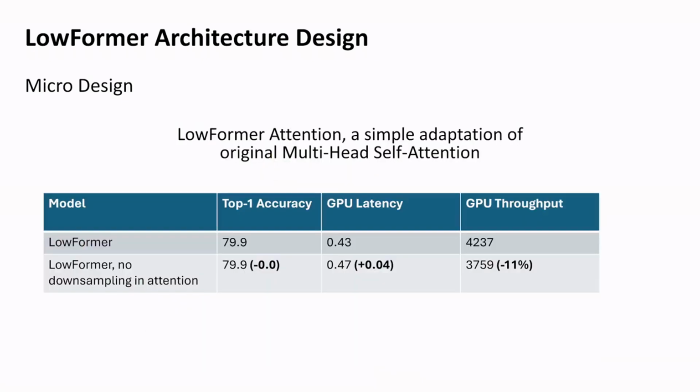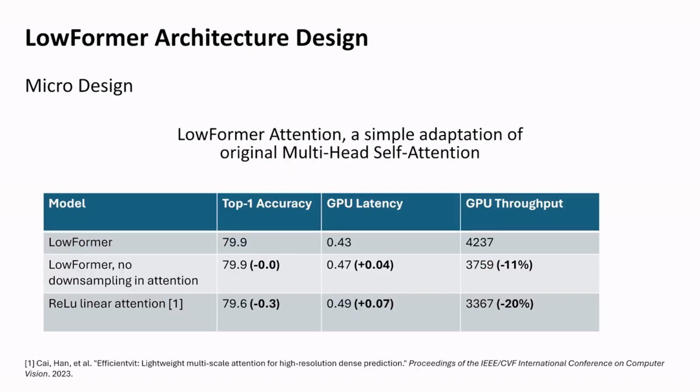If we remove the downsampling, the accuracy does not increase, but latency and throughput worsen considerably. If we now exchange the LowFormer attention, for example with the recently published attention adaptation named ReLU linear attention, we can see that LowFormer attention yields better accuracy results and higher efficiency.